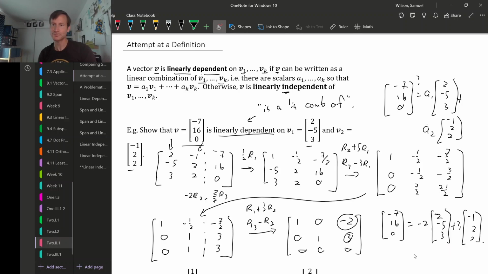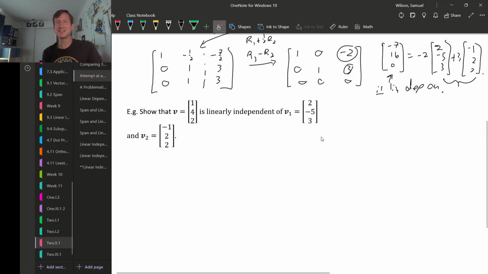Okay. All right, so this is linearly dependent on these two. All right, so that's how we can show that one vector is linearly dependent on a couple others.